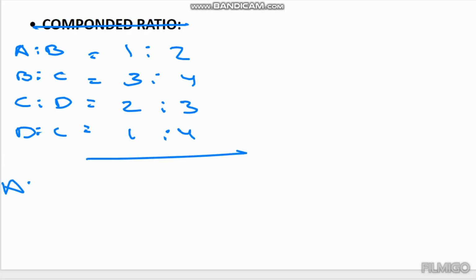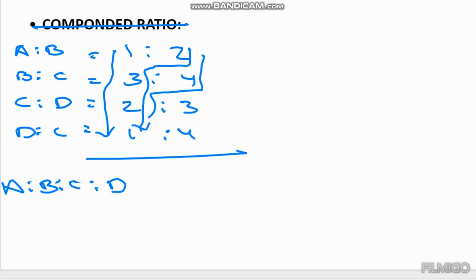So the ratio of A, B, C, D, E. In this way, if the numbers and values are more, then we need to go from top to bottom.